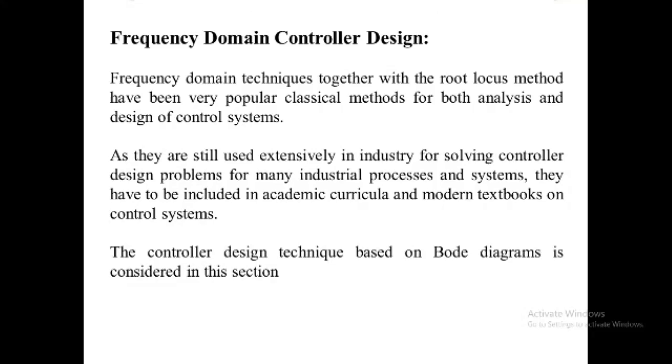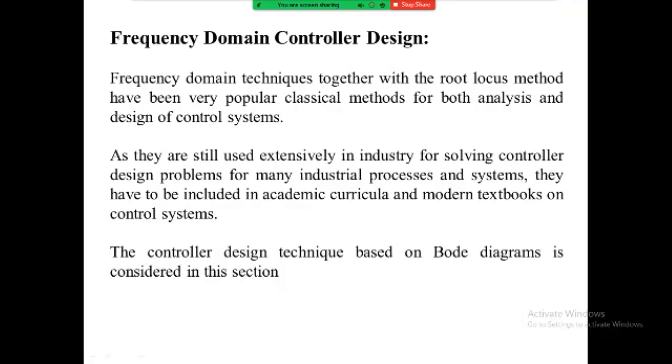In this section, we show how to read the phase and gain stability margin and the values of steady state error parameters like Kp, Kv and Ka from the corresponding frequency diagrams known as Bode diagram.